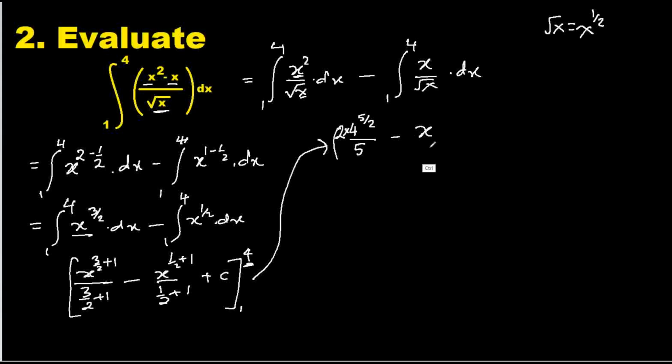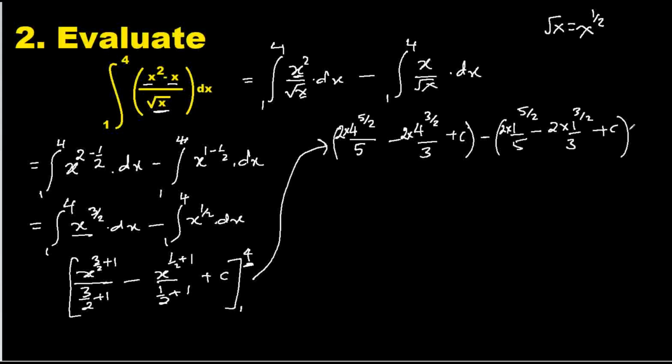So 4 to the power 3 over 2 over 3 over 2 plus c, minus, if you don't write c it's okay, but I want to show why c is ignored. So here it will be 1 to the power 5 over 2 over 5 times 2, minus 2 times 1 to the power 3 over 2 over 3, plus c. Now this is plus c, and because of the minus this will be negative c, they cancel out, so we ignore them. We can't multiply 2 and 4 because 4 has an exponent and 2 does not, so 2 remains 2.